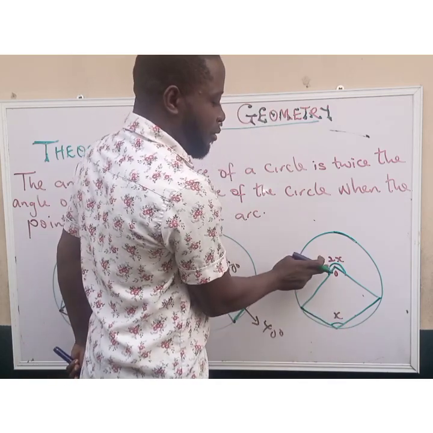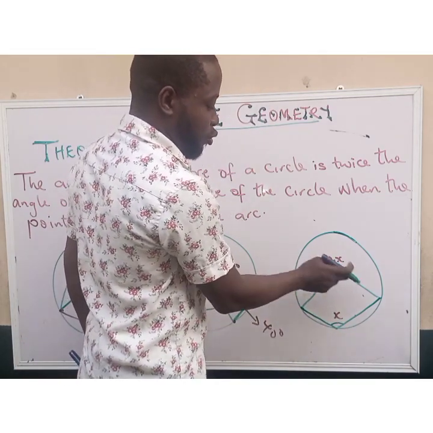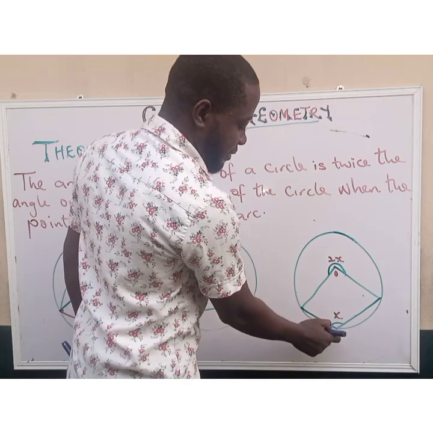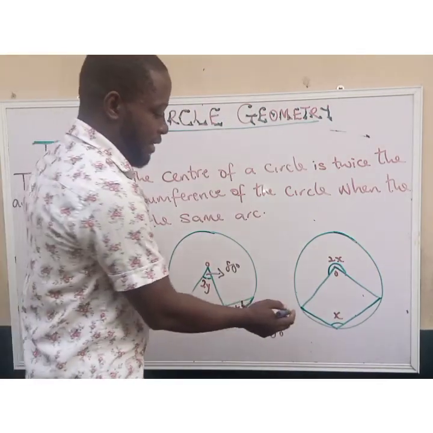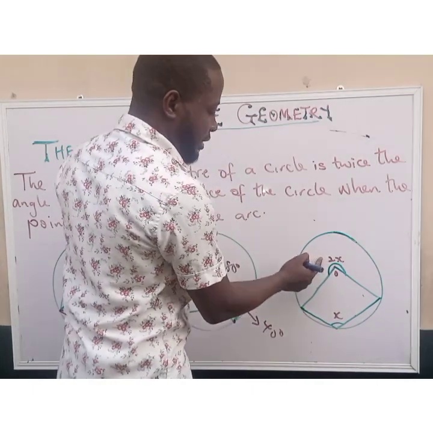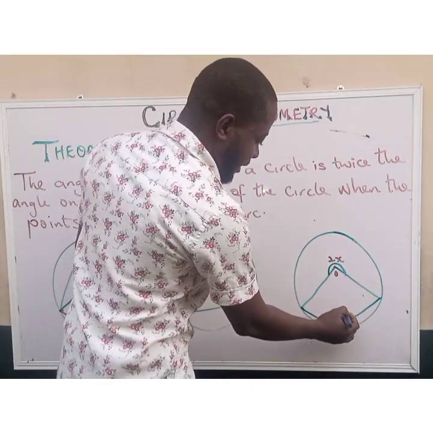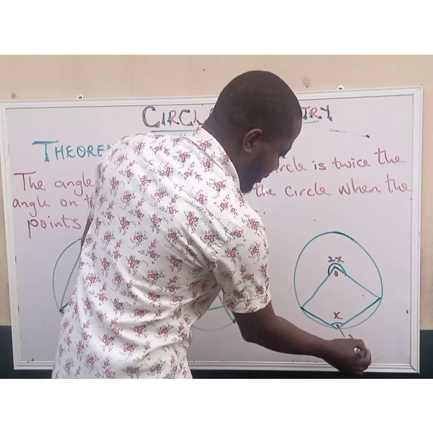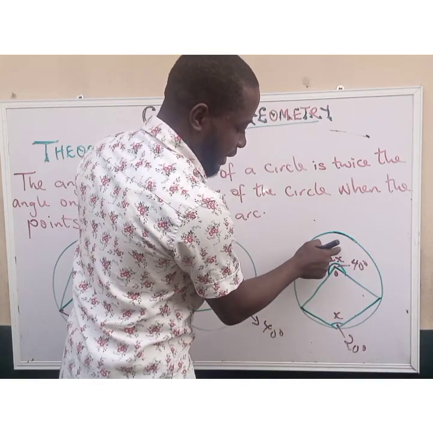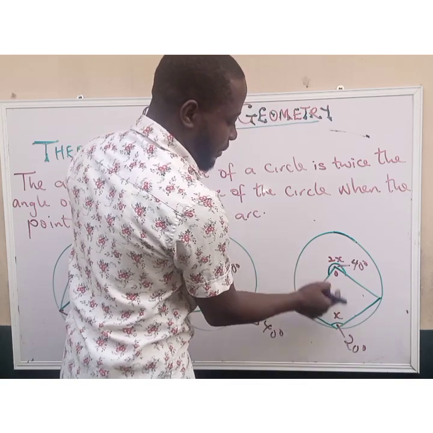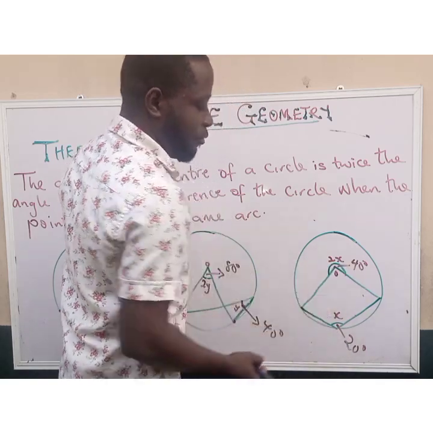And don't forget, the angle at the center is twice the angle at the what? At the circumference. So here, if this is x and this is 2x, that means if this is 20 degrees, this is going to be what? 2x, and x is 20 degrees. 2 multiplied by 20, we are going to have 40 degrees.